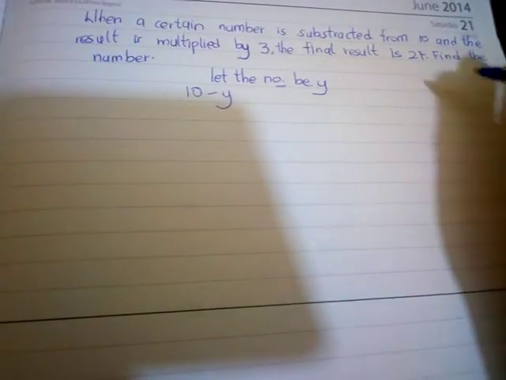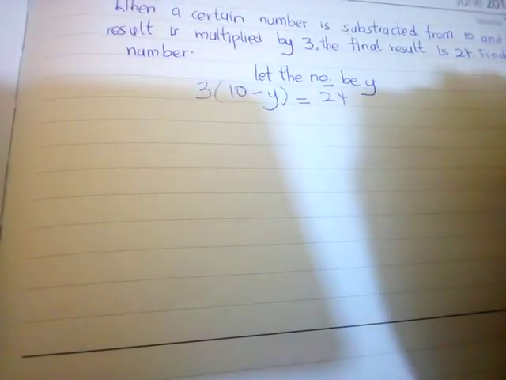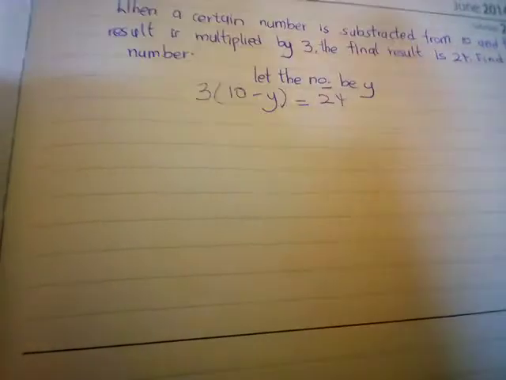And the result is multiplied by 3. You remember I said here that when they say the result is multiplied by, you indicate a bracket. So in here we're going to have a bracket. The result is multiplied by 3 and the final result is 24. You remember I said final result means equal to, so 24, and this becomes very simple to find for x.